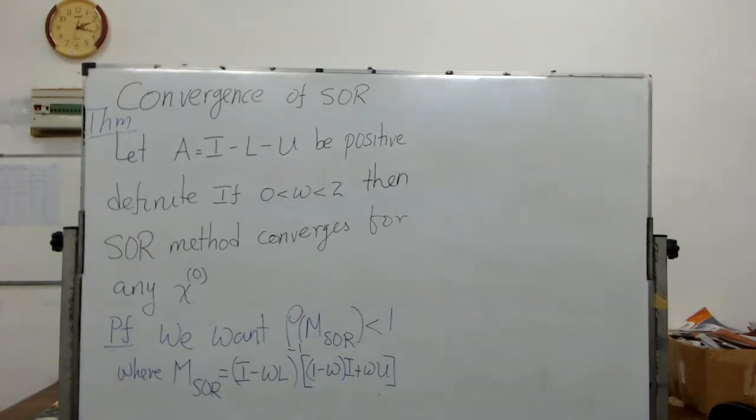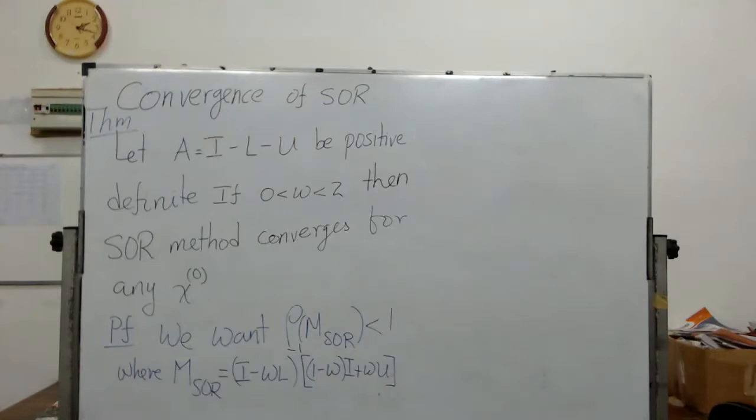We have already seen a lemma when we talked about the convergence of the Jacobi method, a lemma which relates positive definiteness of the coefficient matrix and the spectral radius of the matrix.